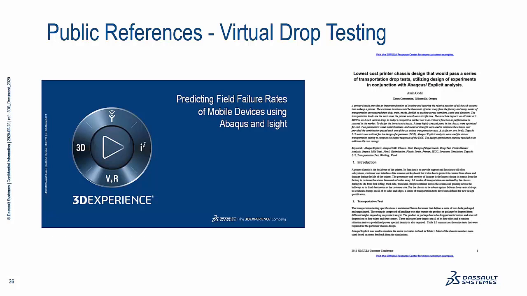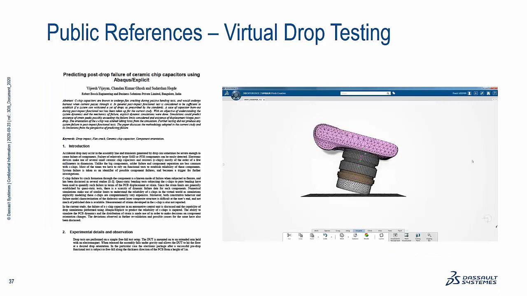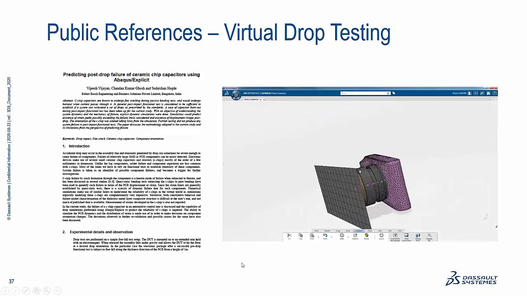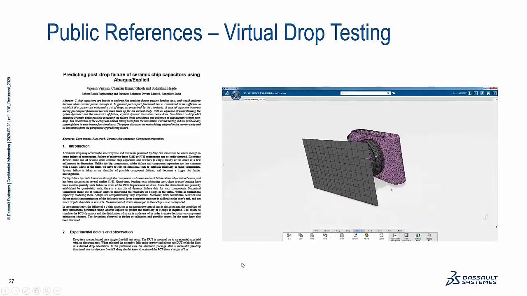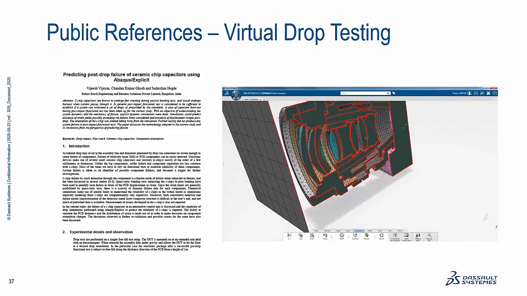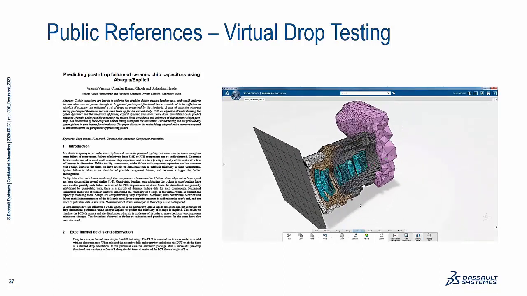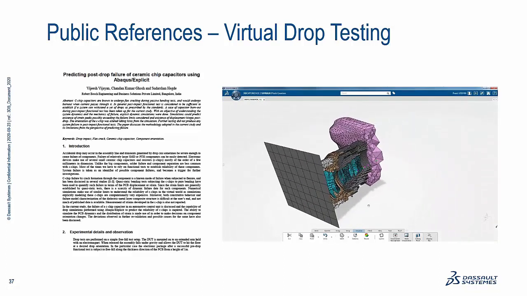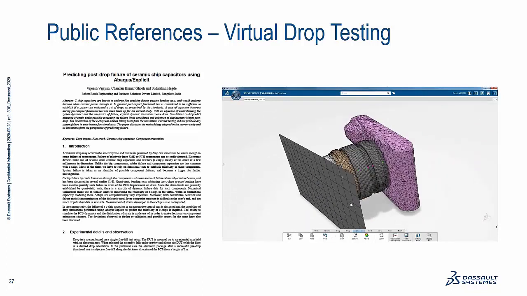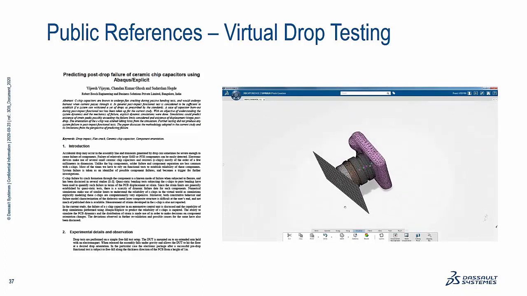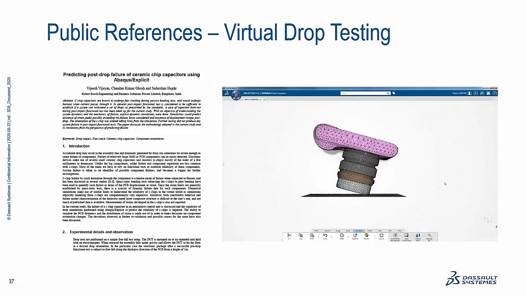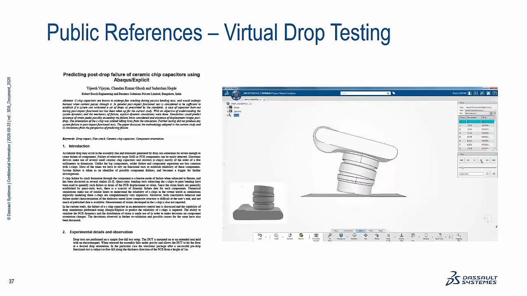And I want to close with a really interesting example of doing a virtual drop test of a very complex device, another very complex high-tech device. You'll see in a second the very tight clearances that are associated with the multiple components of this camera. Won't say what brand it is. And in a second or two, you're going to see one of the more wonderful things about the Abaqus Explicit's ability to capture the response from the simulation.